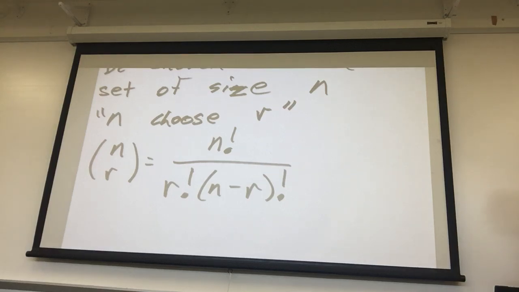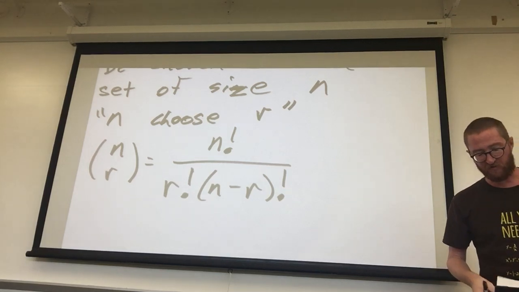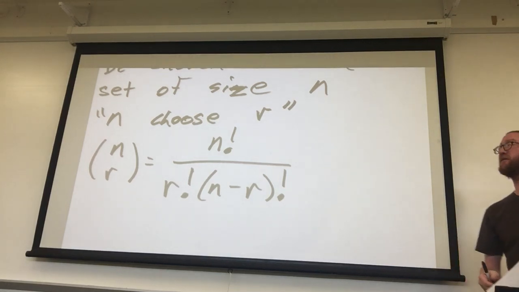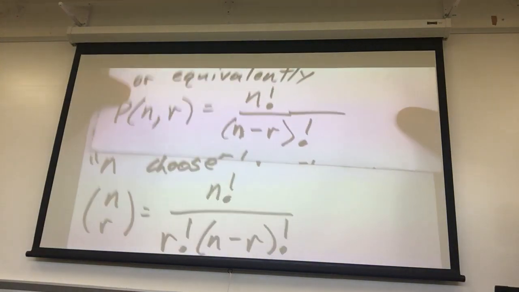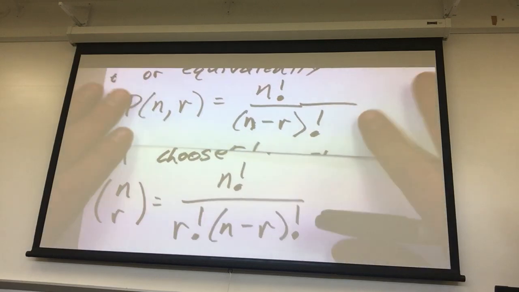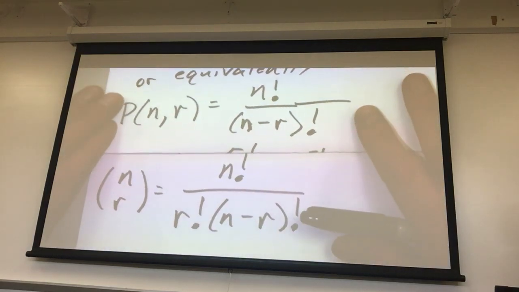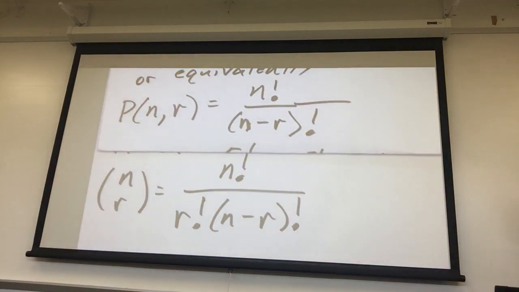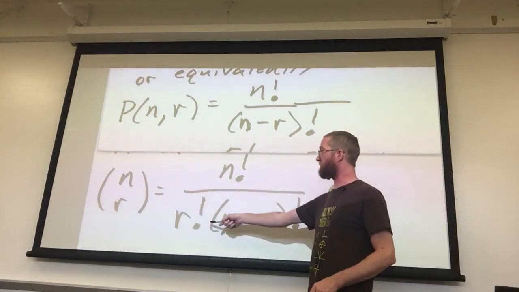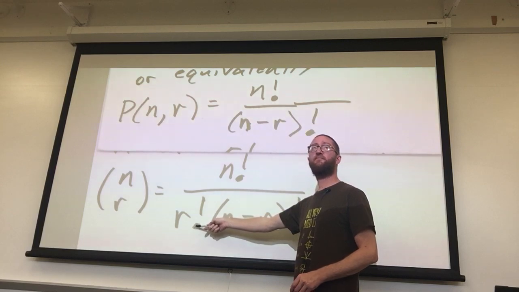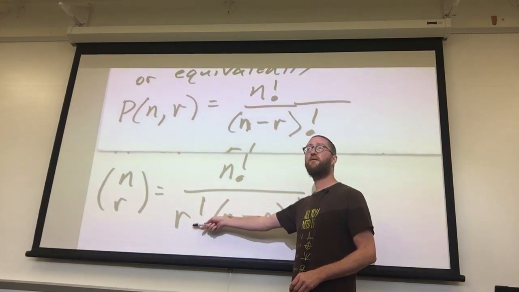This looks very similar to the formula we were looking at just a second ago. What is the difference between these two formulas? Very similar, but the formula for unordered sets does not contain this extra factorial, the r factorial on the bottom.